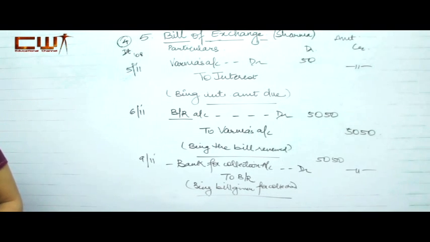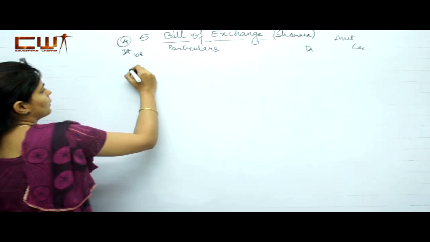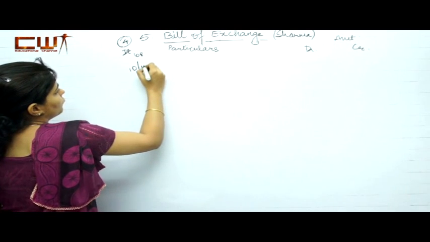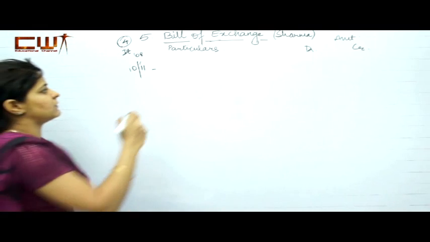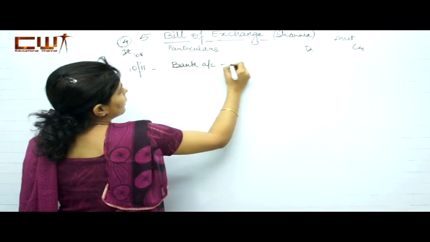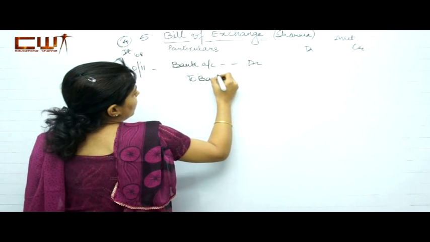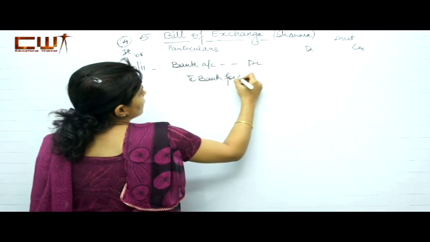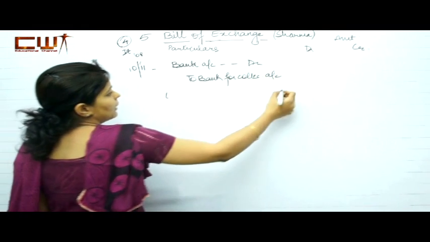Next, the bank will give you the money finally. So the last entry would be on 10th of November, when you will be receiving money. You are getting it through the bank, so you will write bank account debit to bank for collection account credit, which you have debited.